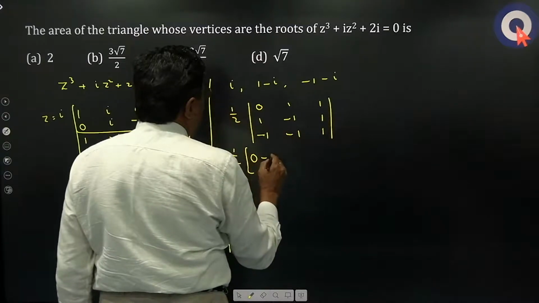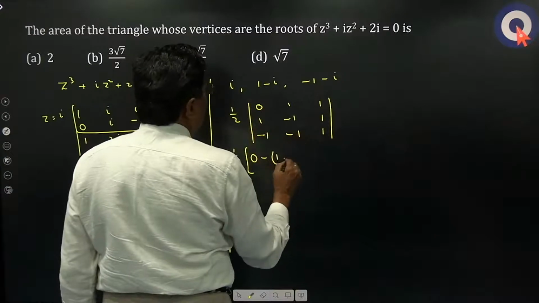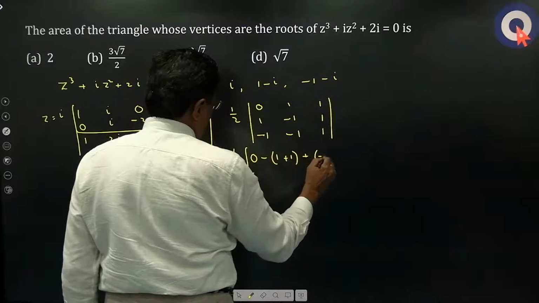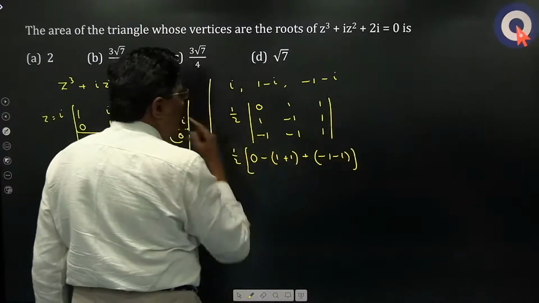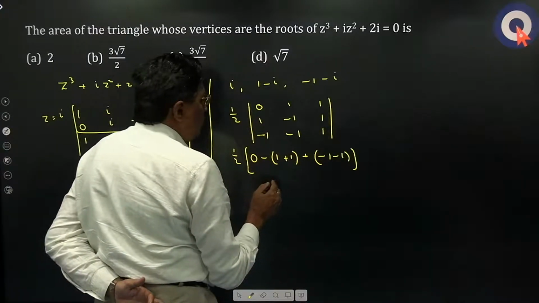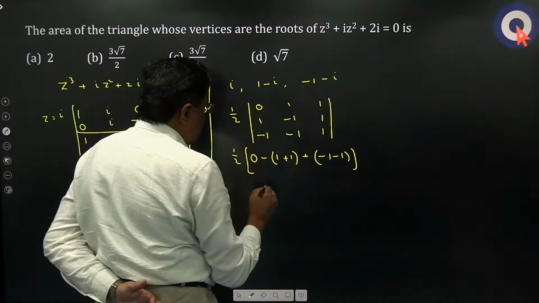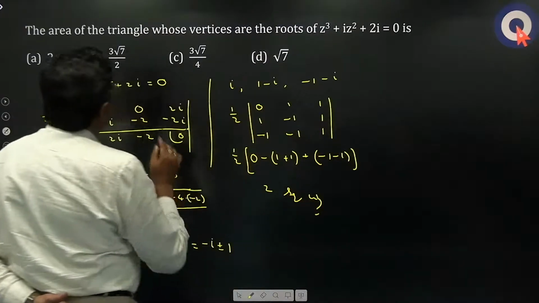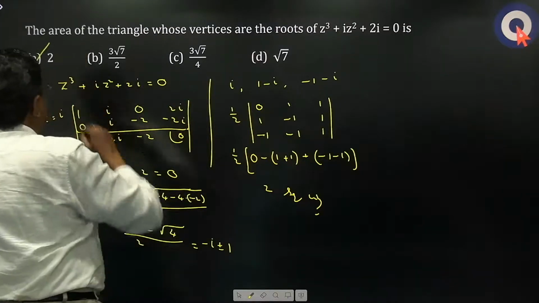Minus 1 into what you get here: 1 plus 1 plus 1 into minus 1 minus 1. So this being area, we can consider the absolute value. The absolute value of minus 2 minus 2 minus 4 by 2 is minus 2, so absolute value is 2 square units. So the area of the triangle whose vertices are the roots of this is 2 square units.